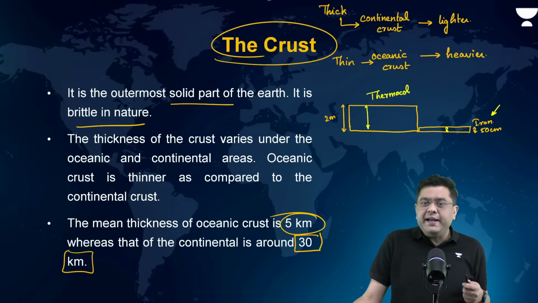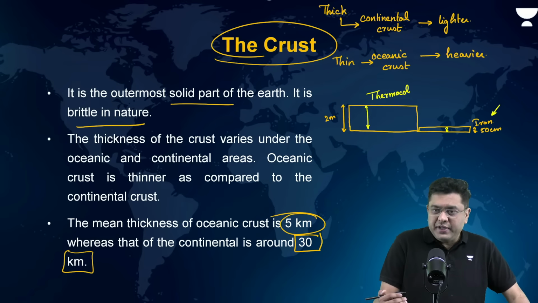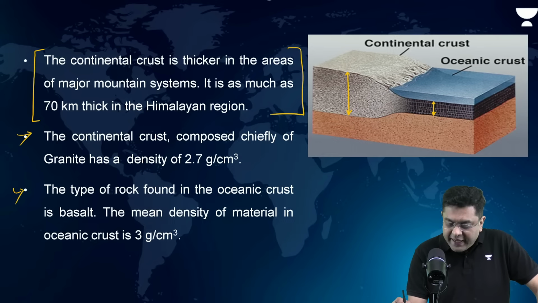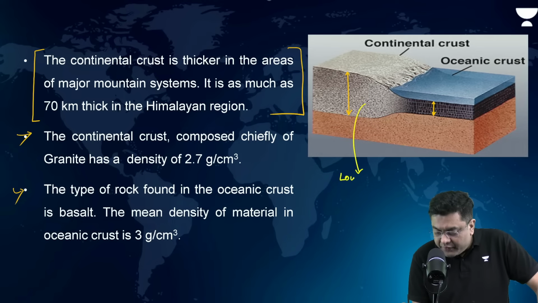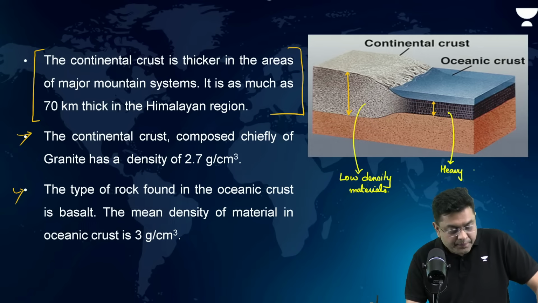So it is determined by the material composition, correct, and the density. So in the case of continental crust, it is made up of lighter and low density materials. Whereas this is made up of heavy materials, or high density rather.